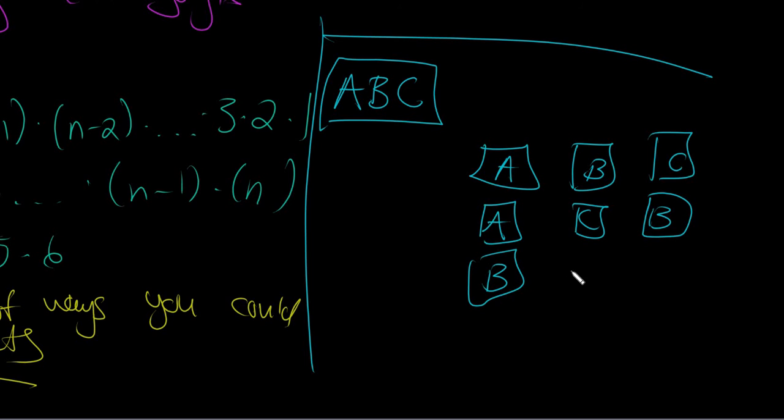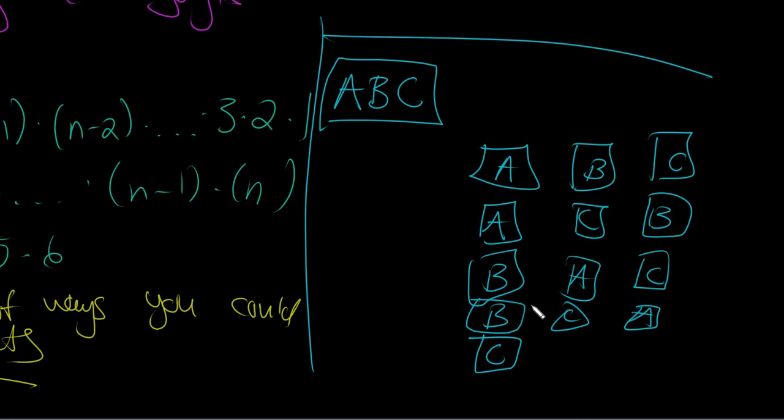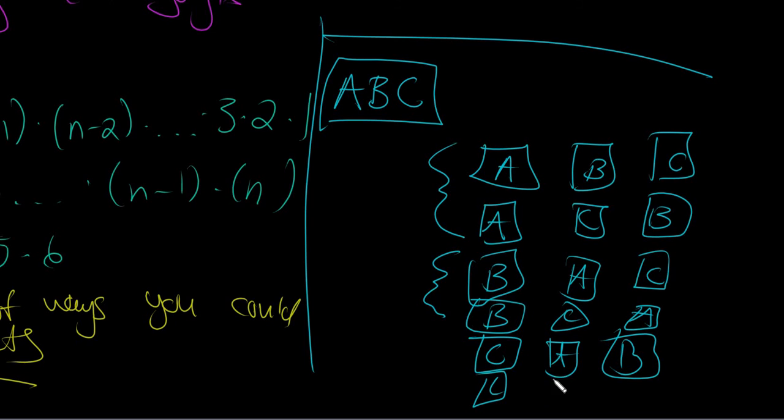I could do B, then A, then C. Or I could do B, then C, then A. Okay, well, what about C? I could put C first because I've exhausted all the possibilities where A is in the first position and where B is in the first position. Notice I also can't repeat a letter because there's only 3 people available. I go C, A, B, and then C, B, A.